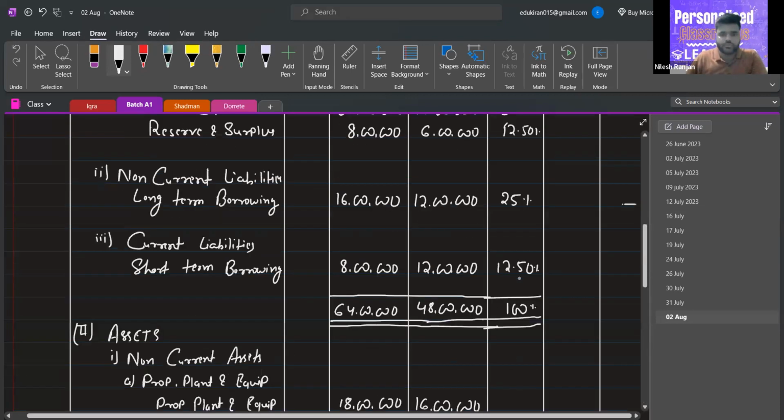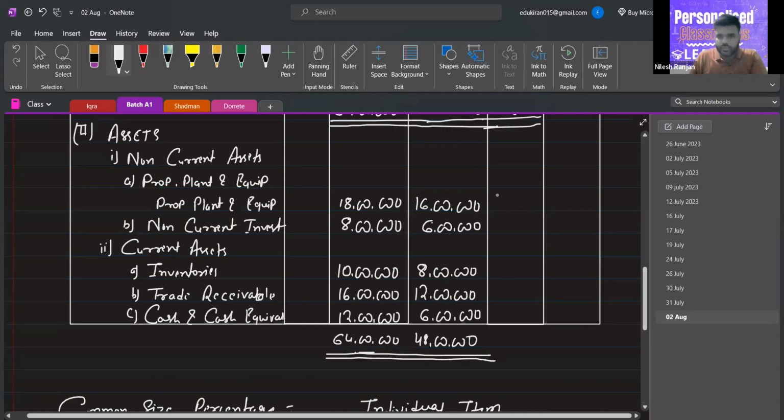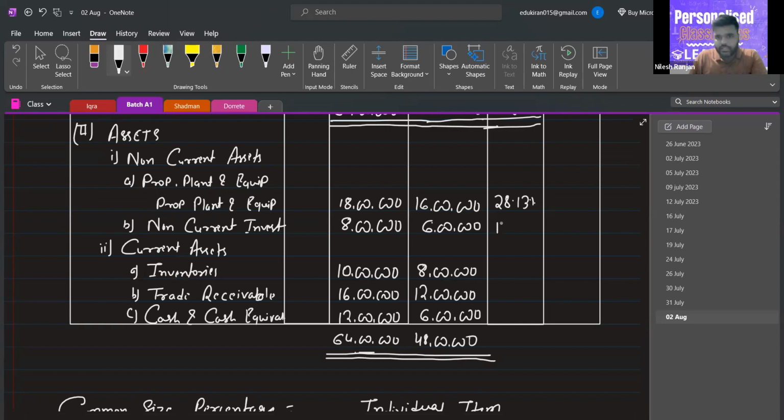So this is our 28.13%. 8 lakh is 12.50%. 10 lakh divided by 64 lakh is 15.63%. And 16 lakh divided by 64 is 25%.